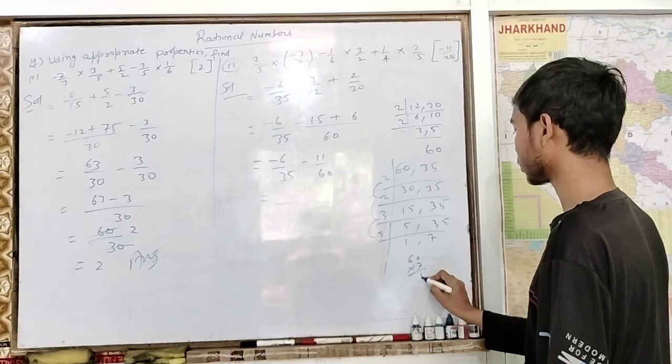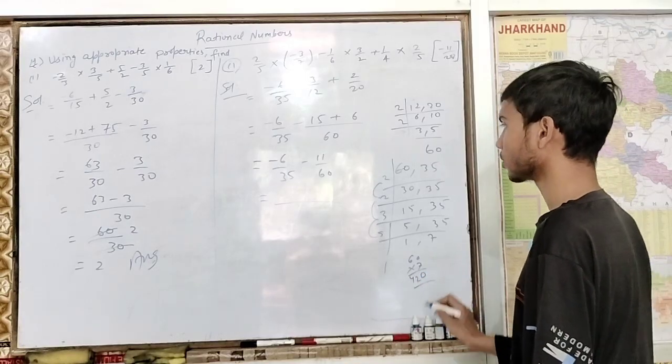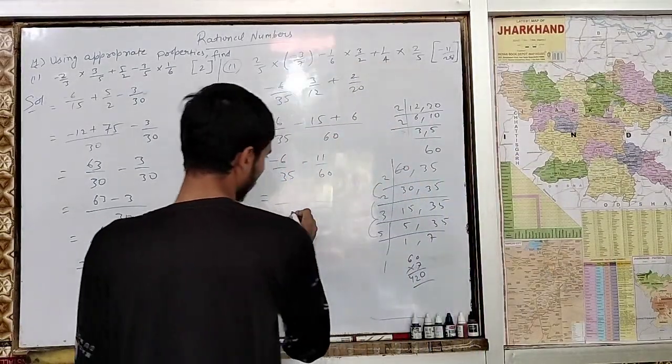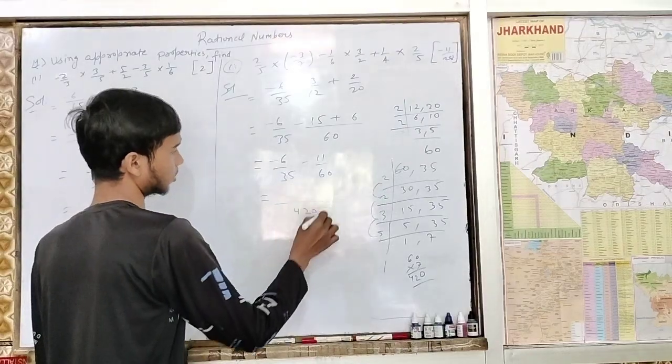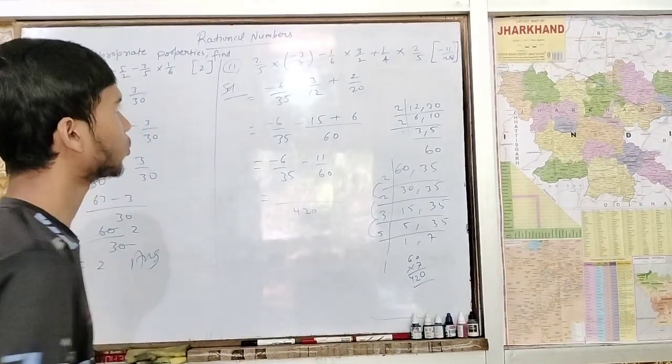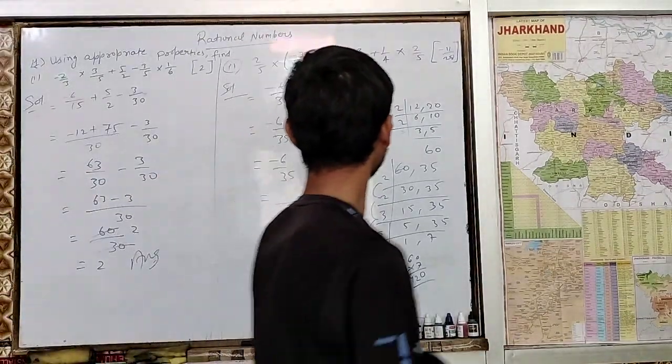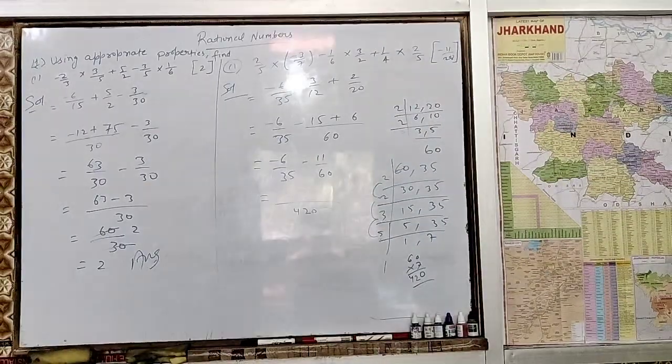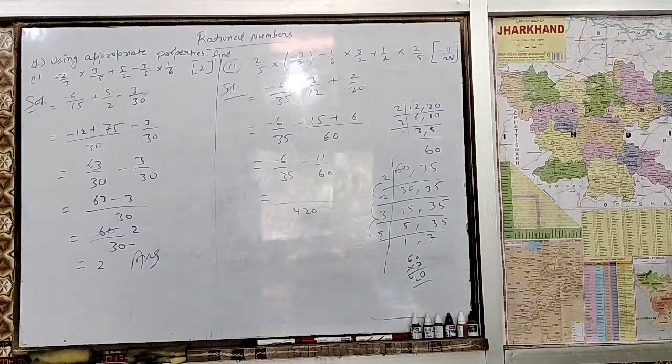It is coming 0, 42, 420. Something happened. Something is wrong.